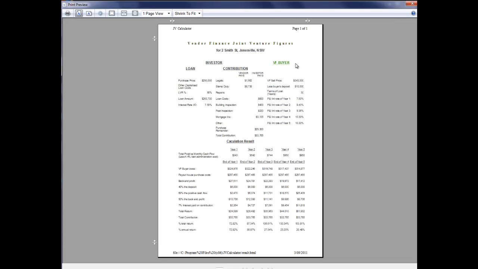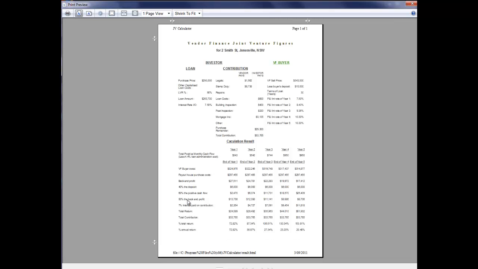Once again, it's set up the top area very much the same as the data input area, with the final result here, the total contribution being $33,765. And we can show the investor how we plan to on-sell the property with these figures here. Once again, we've got the same calculation result down here, end of year 1, 2, 3, 4 and 5, with the percentage figures down here.